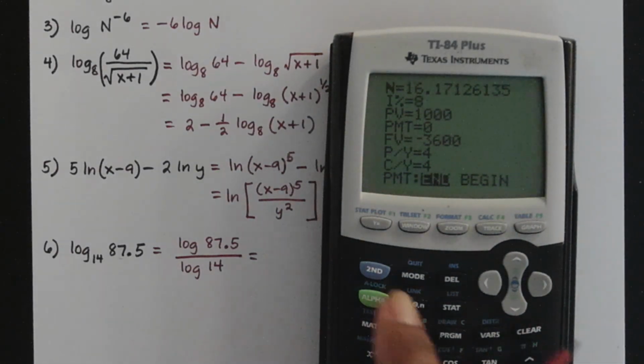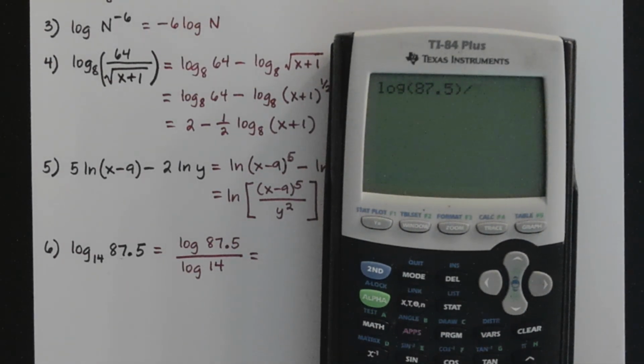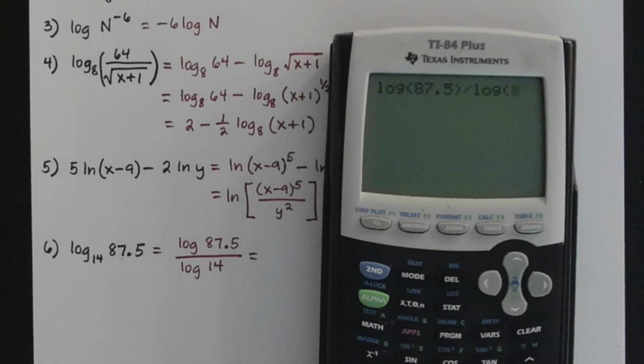All right, so here we're going to be pressing the log key on the left side, and then 87.5, close parentheses. Whatever that is going to be divided by the log of 14. So we press the log key, and then 14, close parentheses. And then we hit enter. Now, we need to round this final answer to 4 decimal places.